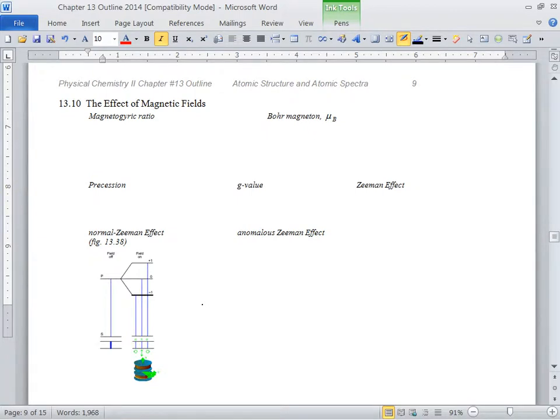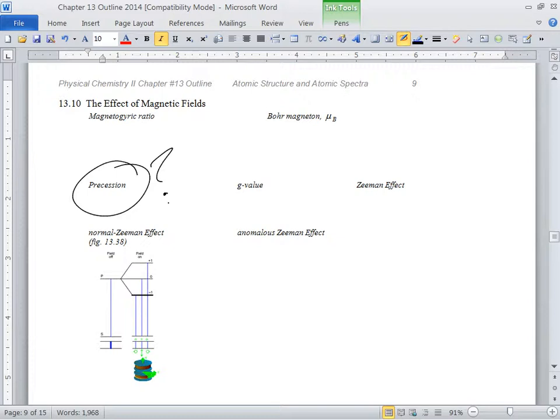What's precession? Movement in the magnetic field or something? Yeah, it's movement. You don't have to have a magnetic field. Let's back up a little bit.